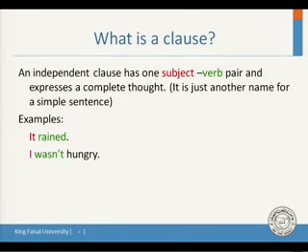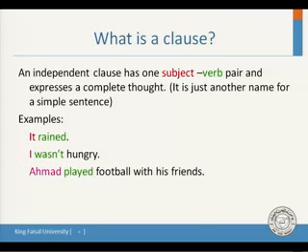Ahmad played football with his friends. All of these three examples are simple sentences. Today, in our lecture, we will call them independent clauses, because we are talking about complex sentences. And you will see why.